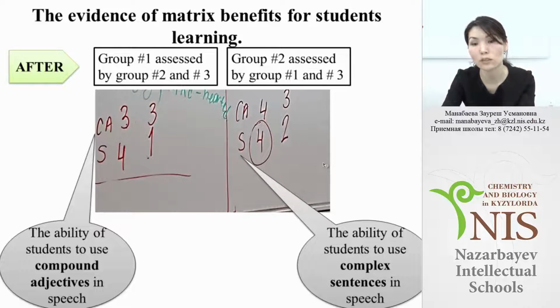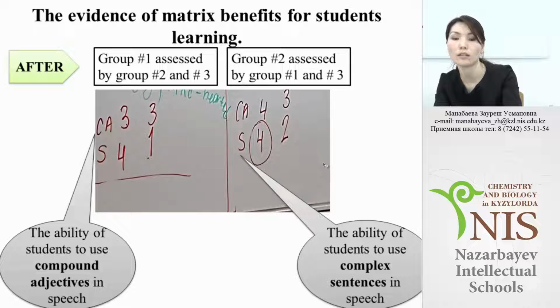of the sentence. So here in the first picture you can see group number 1 is assessed by group number 2 and 3. They have given, we can see number 1, that is much different from what group number 2 has given.